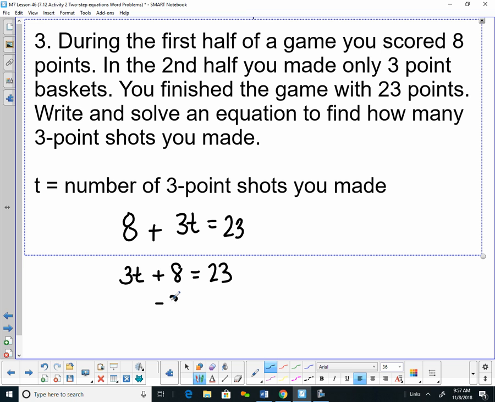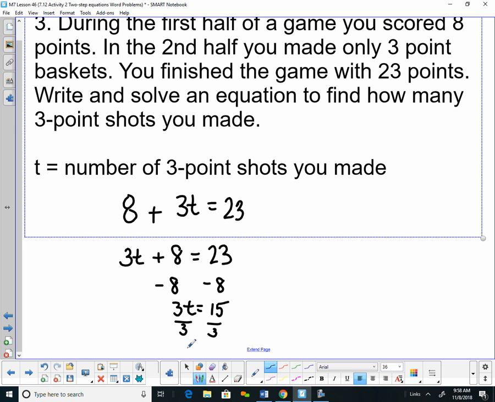I want to get rid of my 8. I'm going to divide by my 3. And I would get T equals 5. So I made 5 3-point baskets.